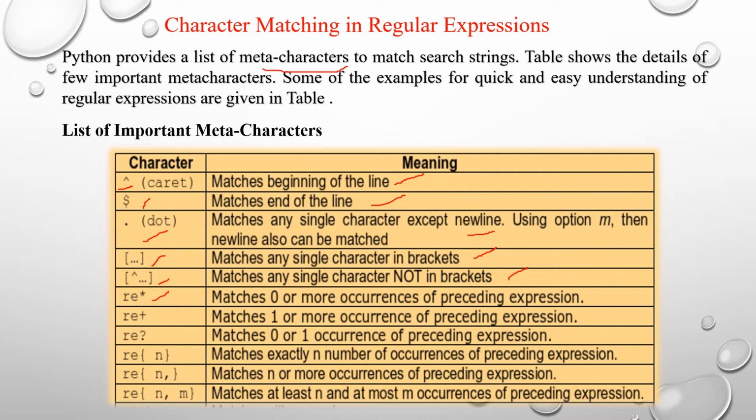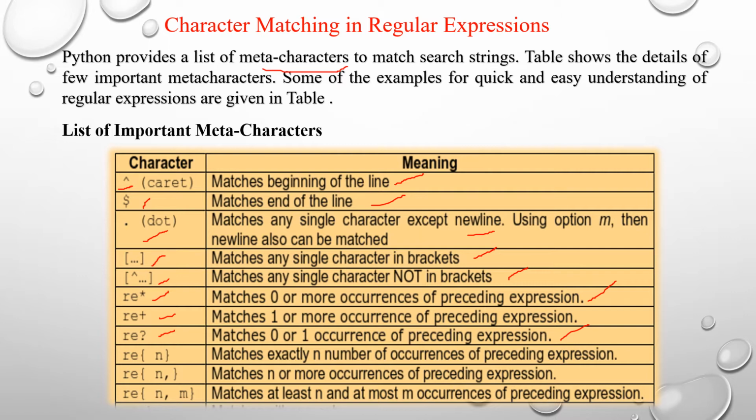re star: the meaning of this is matches 0 or more occurrences of the preceding expression. re plus matches one or more occurrences of the preceding expression, and re question mark matches 0 or 1 occurrence of the preceding expression. re{n}: here we are using curly braces, and the meaning of this is matches exactly n occurrences of the preceding expression. re{n,}: the meaning of this is matches n or more occurrences of the preceding expression.